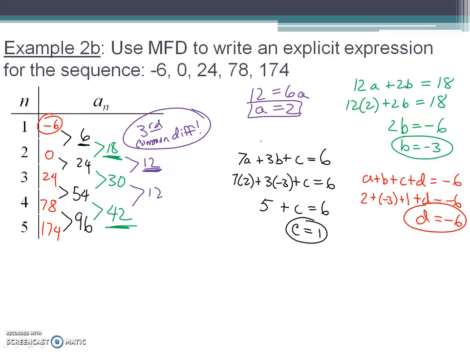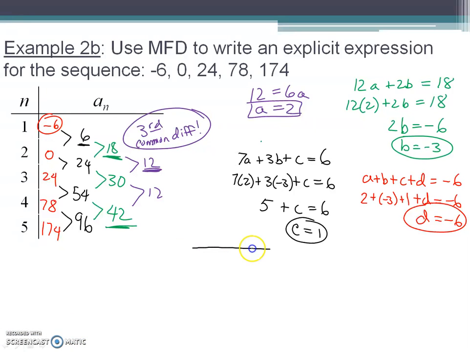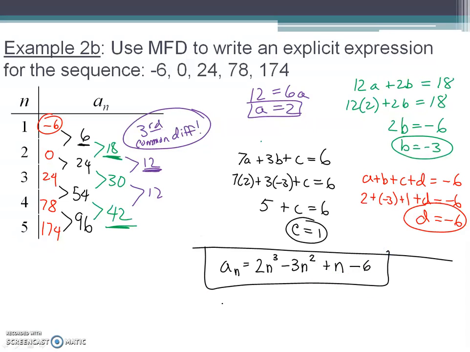So we've got our values of a, b, c, and d, which allows us to write the sequence. a sub n equals a n cubed plus b n squared plus c n plus d. And again, there are built-in checkpoints. Let's make sure that a sub 3 is 24.